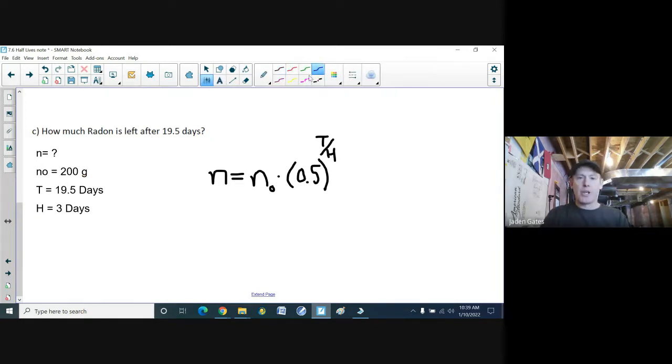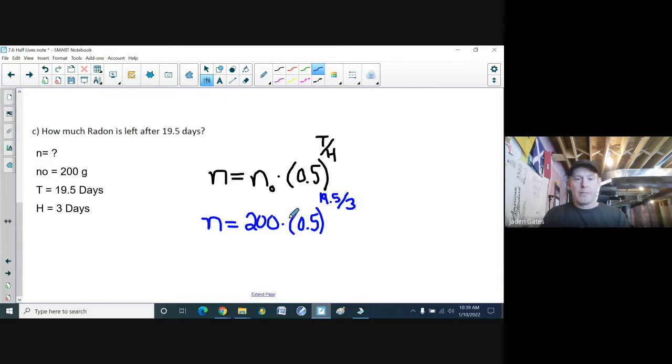So now it's time to substitute in. I have my N is equal to my N naught. We start off with 200 grams times 0.5 in brackets. And then my exponent is 19.5 divided by 3.